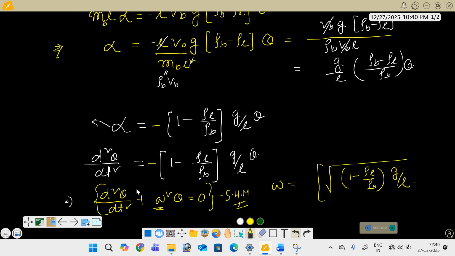If we compare this with that equation, then we get omega equal to this one. This is your angular frequency of the oscillations of the bob.